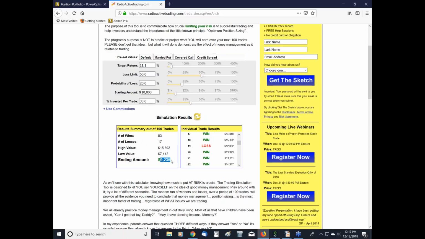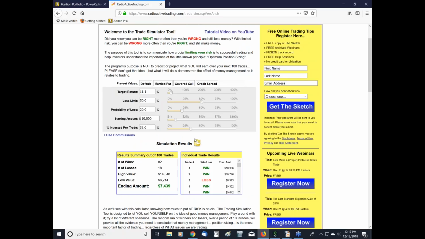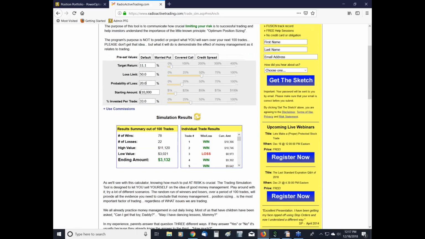And even with a win ratio of 83%, we're not getting ahead. You actually have to be right closer to 85% or more in this type of structure, with that 80% probability looking for an 11% return, in order to profit long term. Here's one at 78%.